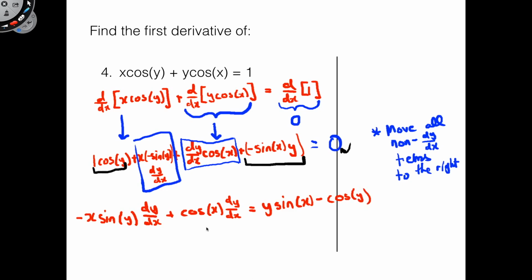Now you might see where this is going. After this, we're going to factor out dy dx, and then just solve for it.